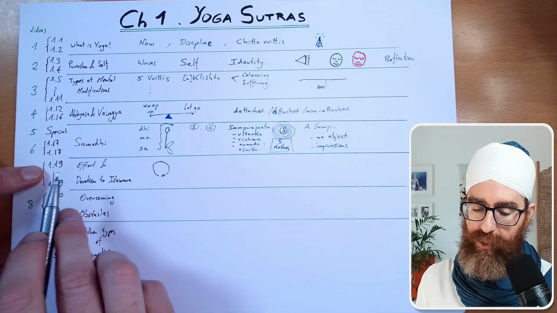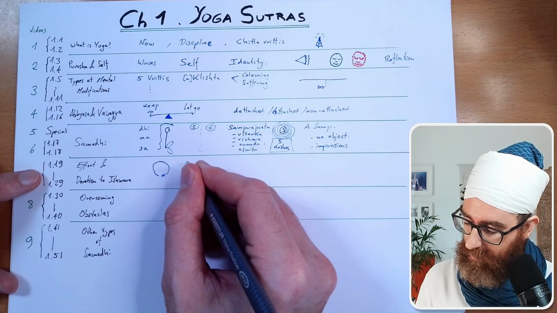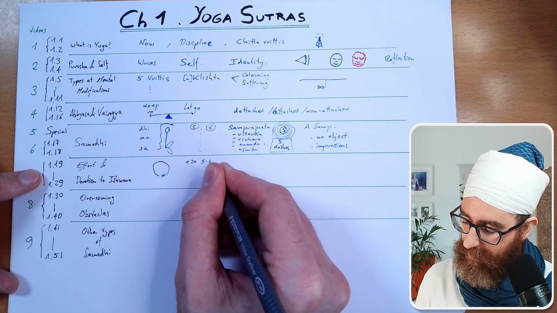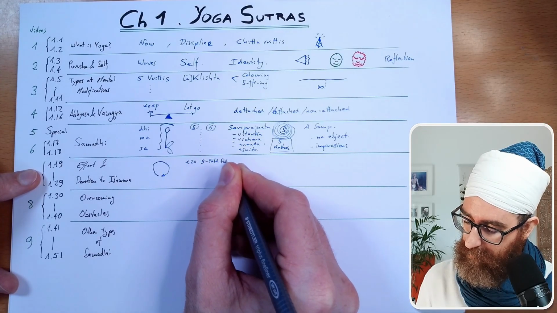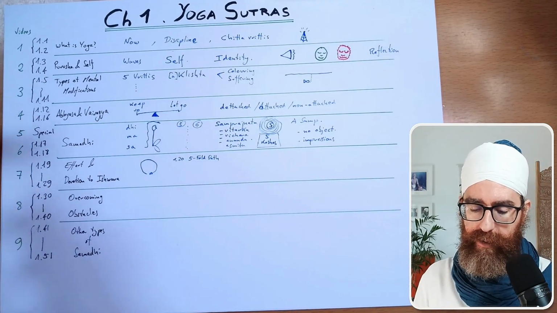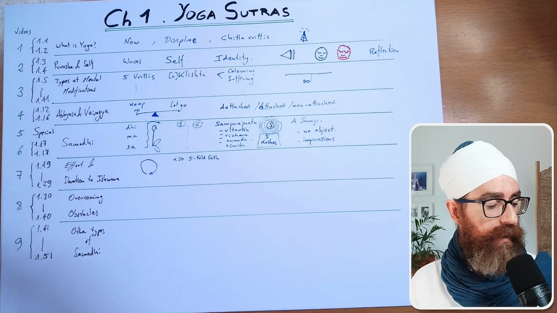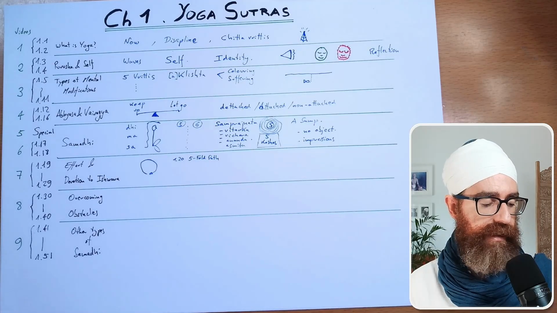But if you haven't, on 1.20 it says, otherwise, you're going to have to follow what is called the fivefold path. And it takes five things: faith, the practice, remembering the path, and remembering to keep yourself constant in the path in this pursuit of samadhi, and keep meditating and keep focusing your mind, first on gross objects, then subtle objects, then the bliss and the essence of self.